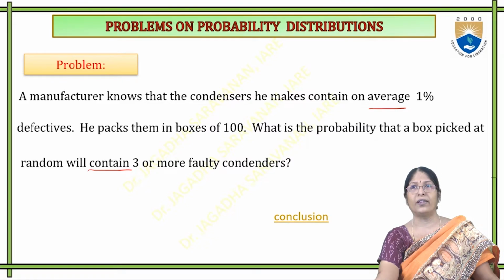Totally, in that industry, the average manufactured is 1% defective. Each box has 100 packed. And what is our required output, what we have to find, is the probability of 3 or more faulty condensers.